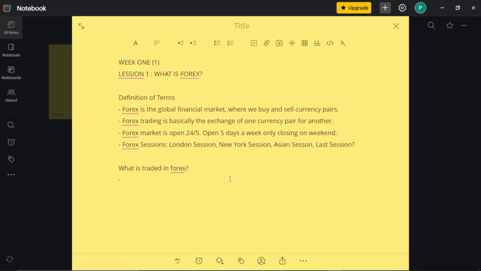You're not buying anything physical, unlike a market or an actual brick and mortar store that you walk into. In the Forex market, you're not buying anything physical. So you're basically buying money. You're trading the electronic representation of currencies.